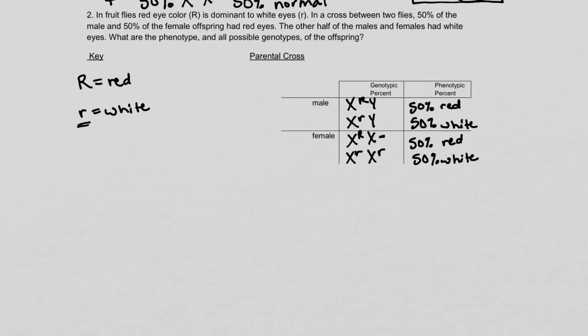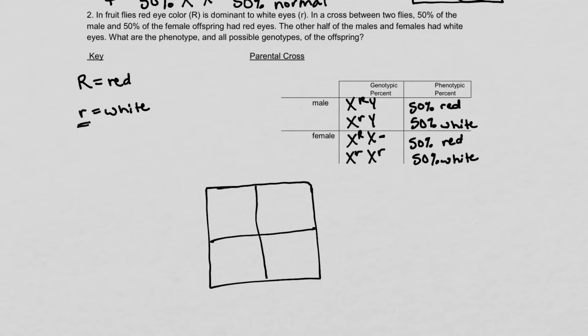So now let's work backwards through our Punnett square and see what our possible parental genotypes were. And then we can know for sure about that female.